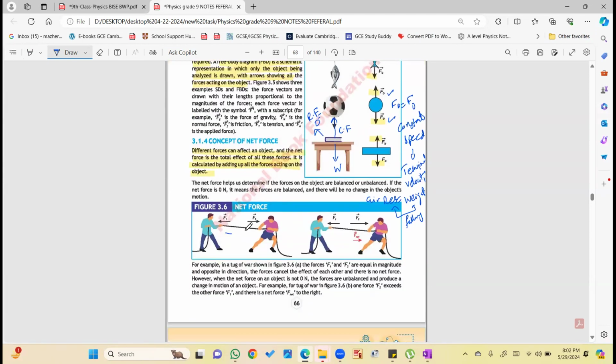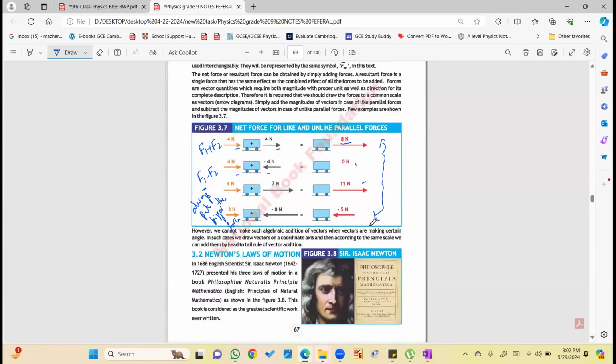Here they have shown the forces that are acting in the opposite direction, so they would be subtracted. And here, net force. Also, the resultant force is always drawn where the bigger force is acting. See, in which direction is the bigger force acting? In this direction. So the resultant force is drawn in this direction.